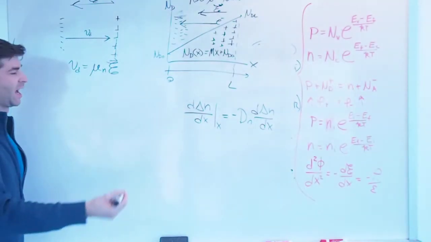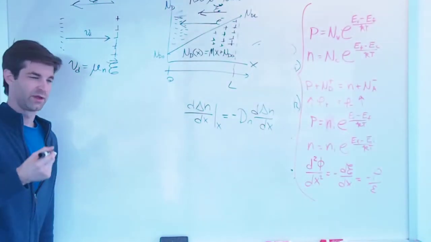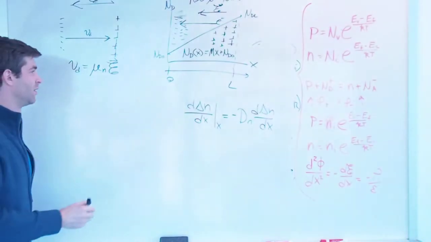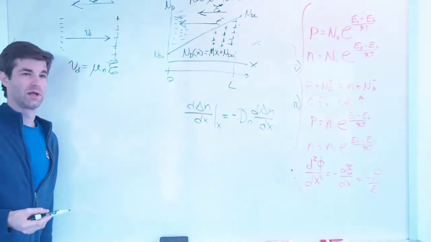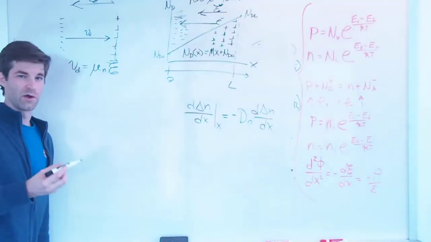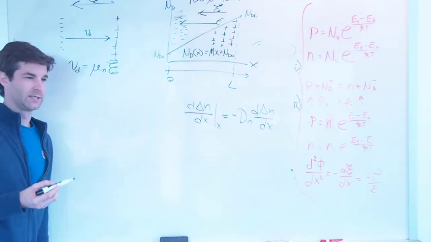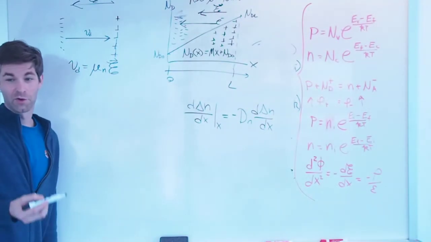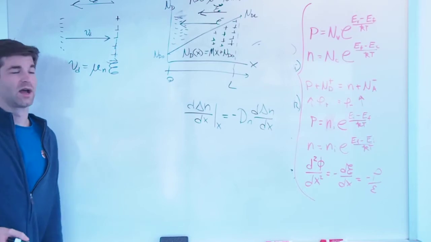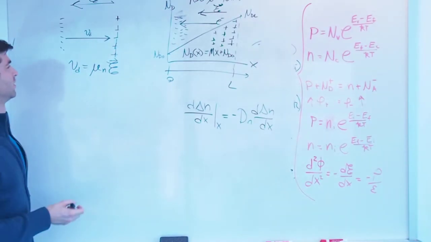If you have a lot of scattering and a lot of impurities and things that can impede it from moving, then mu sub n is very small. If you have a very clean, very pure lattice, then mu sub n is very high. We'll get into that a little later on.